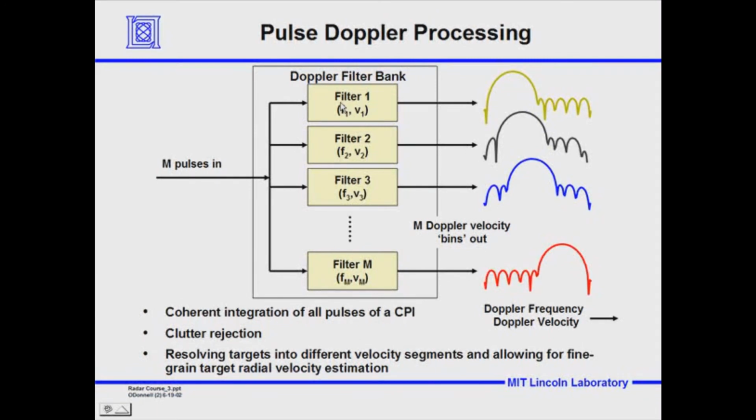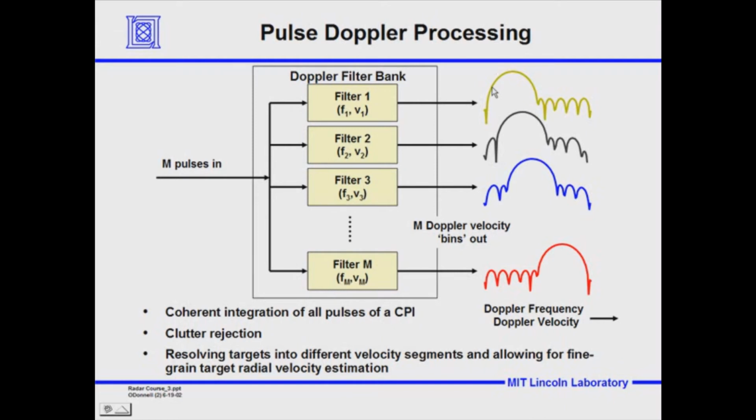Now, I'm not going to get into the theory of how we develop these sets of weights. That's more advanced for this elementary course, but just take it on faith that I can develop a series of weights which will give me a response in Doppler space that will pass certain Doppler velocities. The x-axis is Doppler velocity, the y-axis is the gain, or how well the filter passes those Doppler velocities.